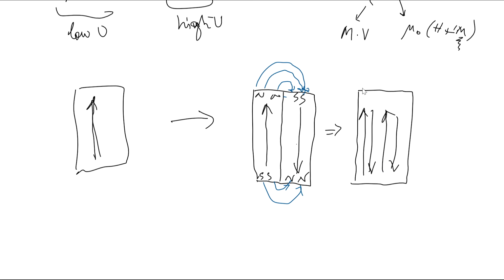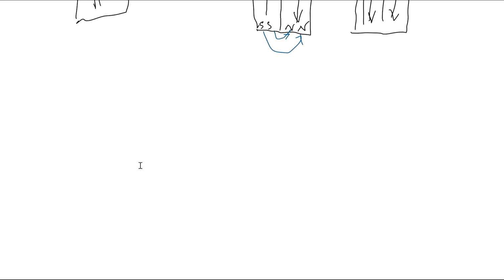But still, for these domains, you would have magnetic field outside. So these are the magnetic field lines H, the outside magnetic field, and it still is not energetically favorable.